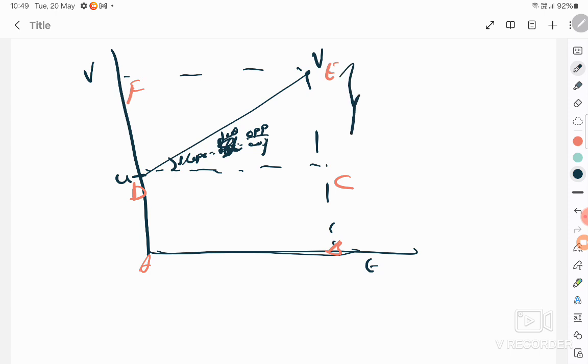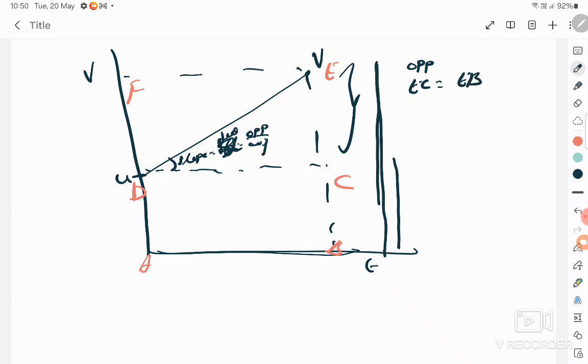What is opposite? Opposite is EC, which is the opposite side, and it is actually the whole length EB minus BC.